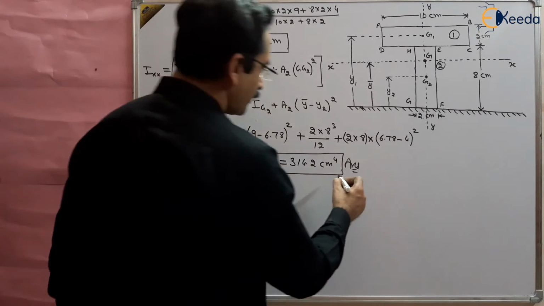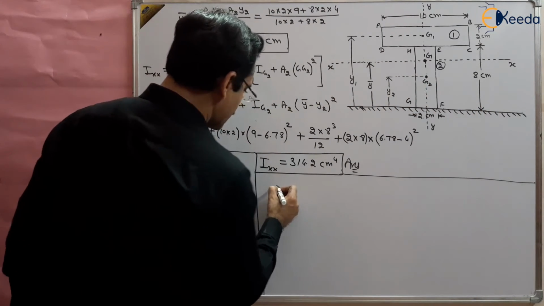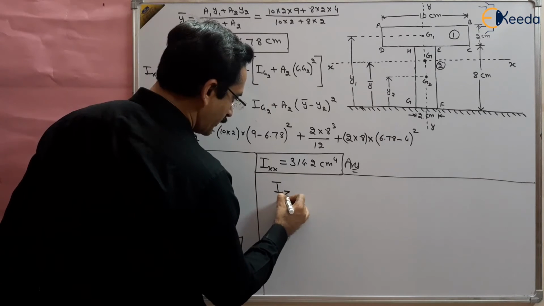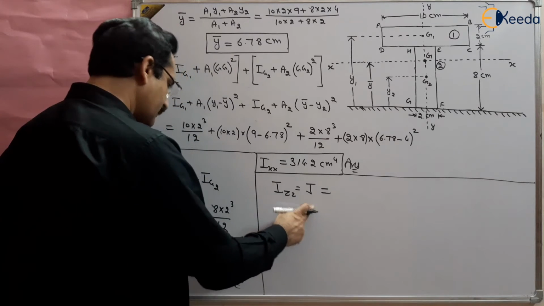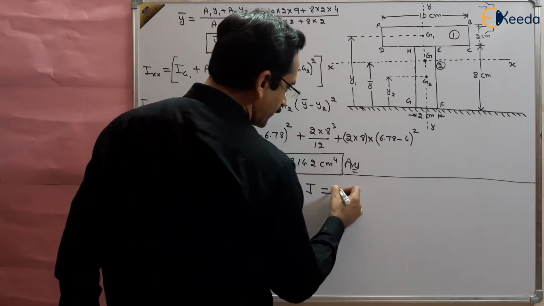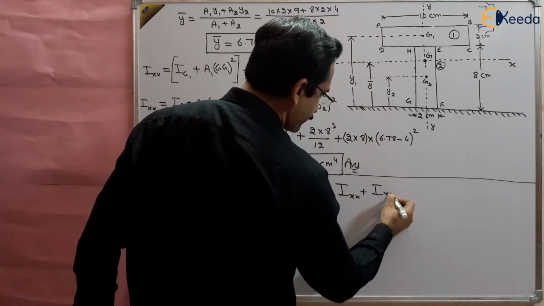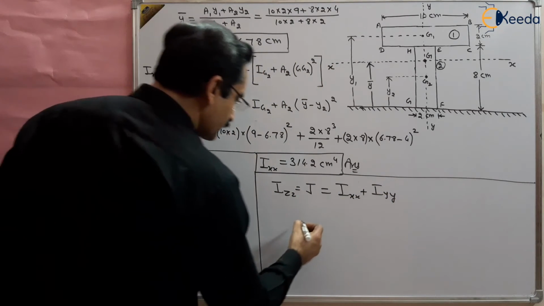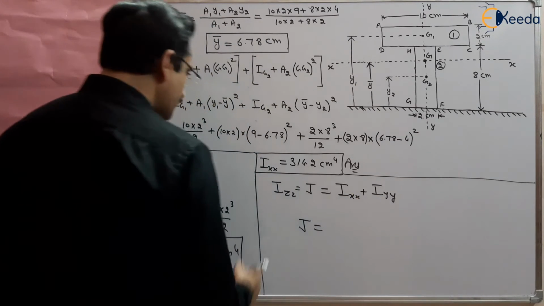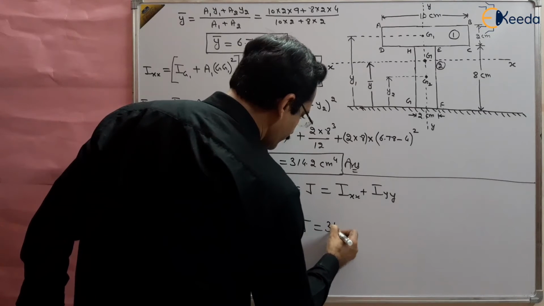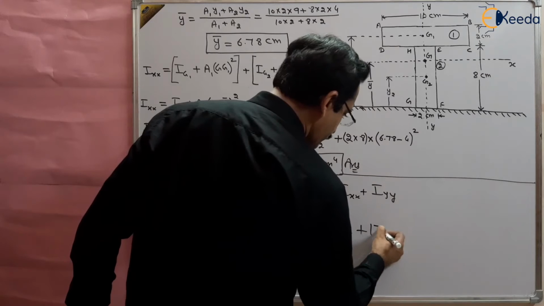Next we want to find Izz, the polar moment of inertia, also called J. By the perpendicular axis theorem, this is equal to Ixx plus Iyy, that is 314.2 plus 172.